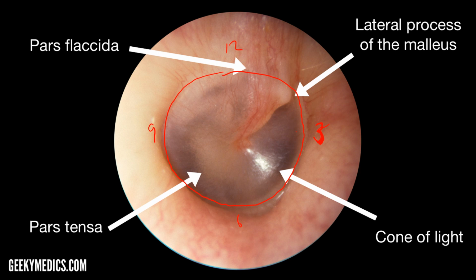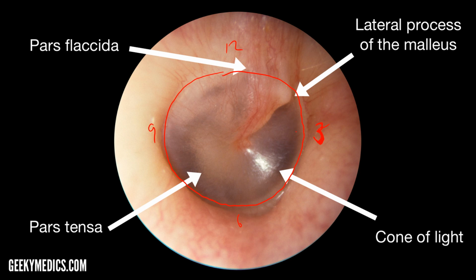Now, as with all our physical examinations, we need our landmarks so that we can identify what's normal, and we can orientate ourselves to normal variations between the left and the right ear, for example, or just from person to person. And these are annotated on this image here.